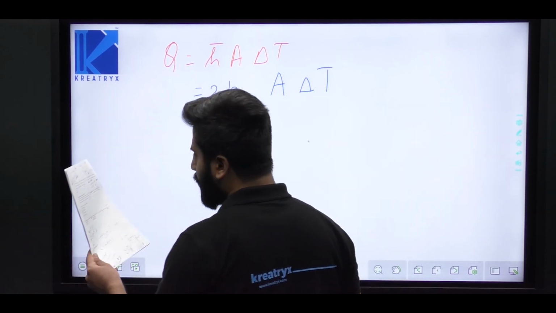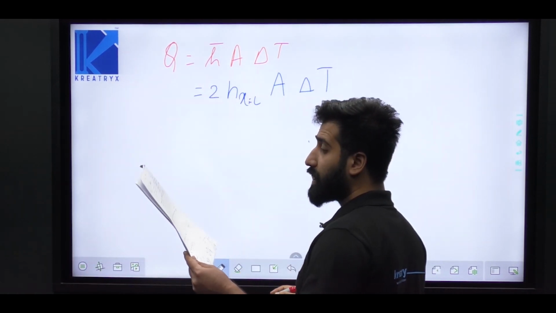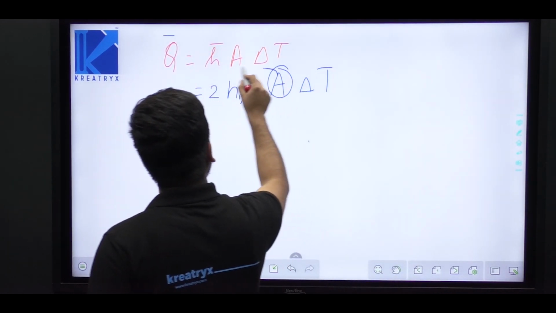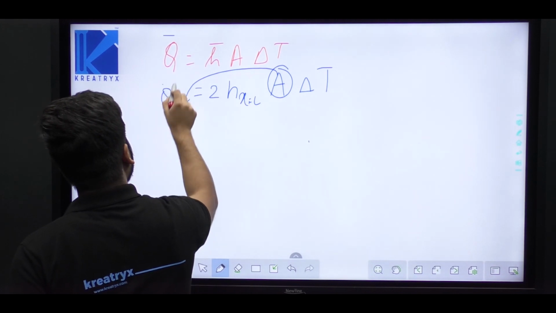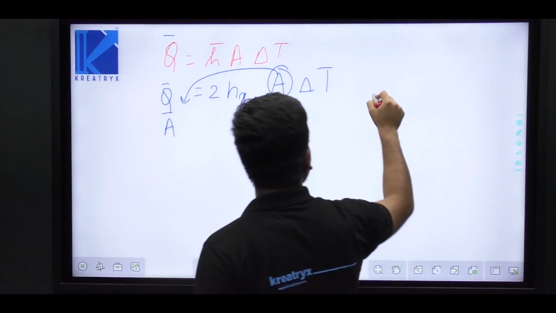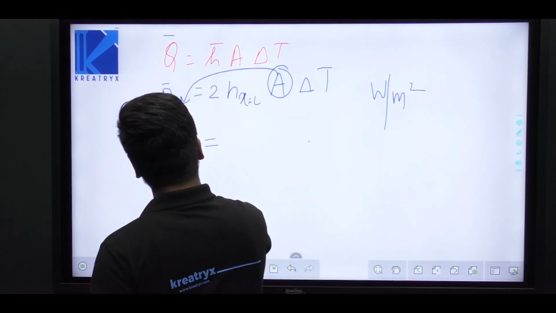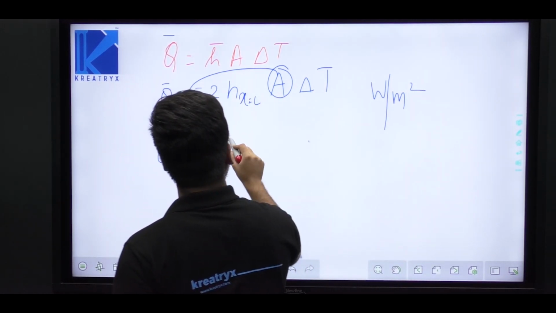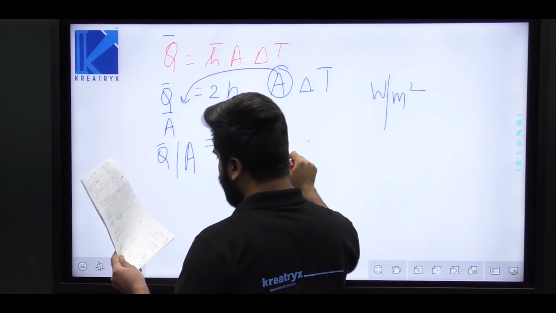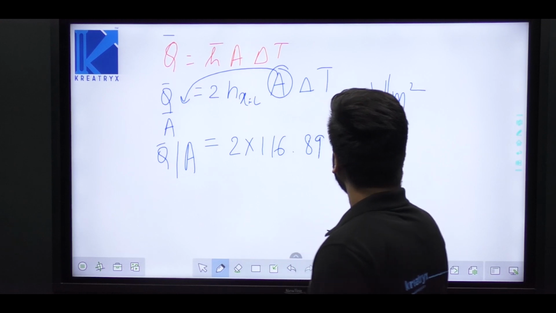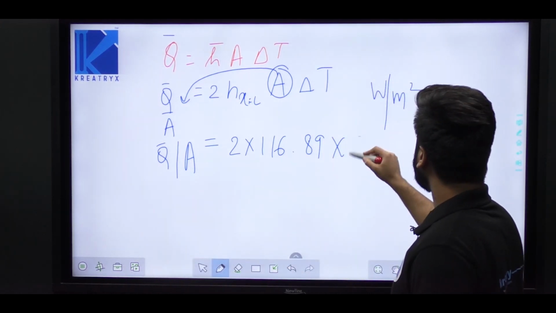But we have to find the average heat transfer per unit area. So take this A here, per unit area. That is watt per meter square. So Q bar by A is equal to 2 into 116.989 into delta T. Temperature difference is 60 degrees Celsius.